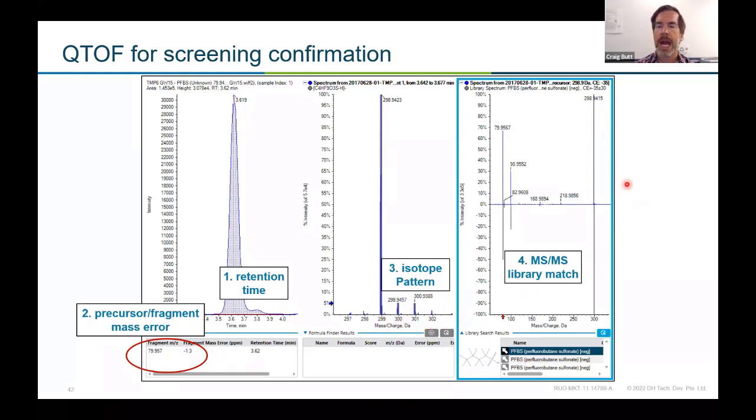And then again, if we have the fragmentation pattern, you can see here for PFBS, the butane sulfonic acid, we can take the blue, which is our experimental pattern, compare it against a known database obtained from a known standard, and we can see that all of those fragments match up perfectly. And so we have a fourth line of evidence. So again, when you're thinking about increasing your confidence in terms of identification, multiple lines of evidence are key.